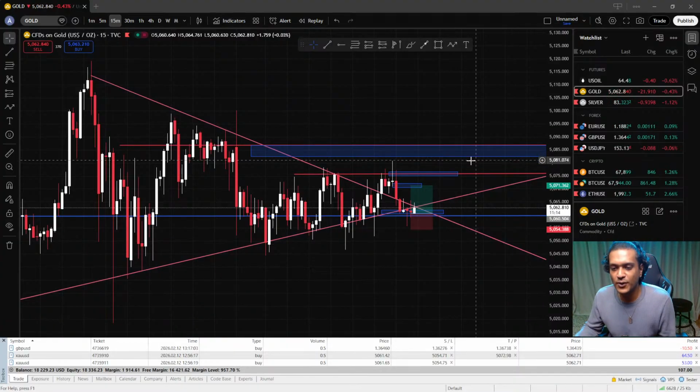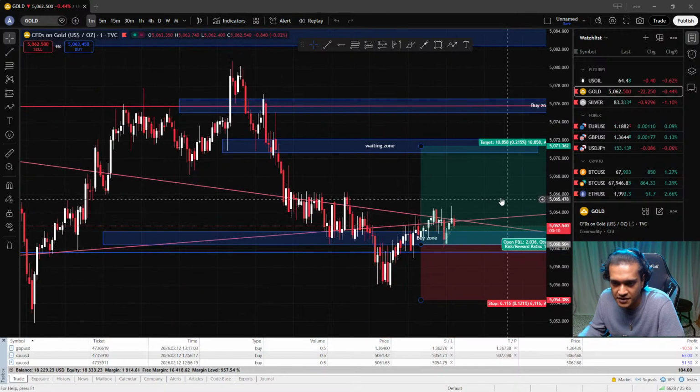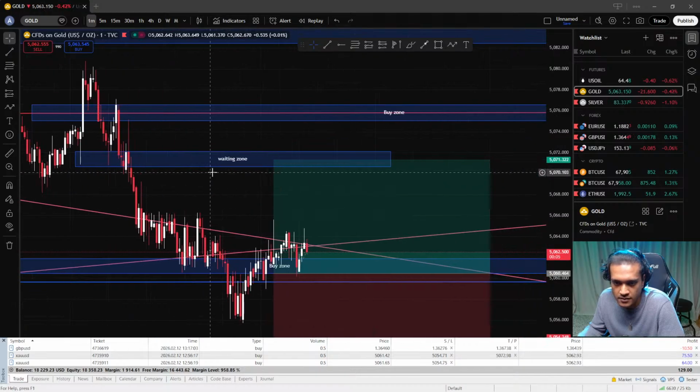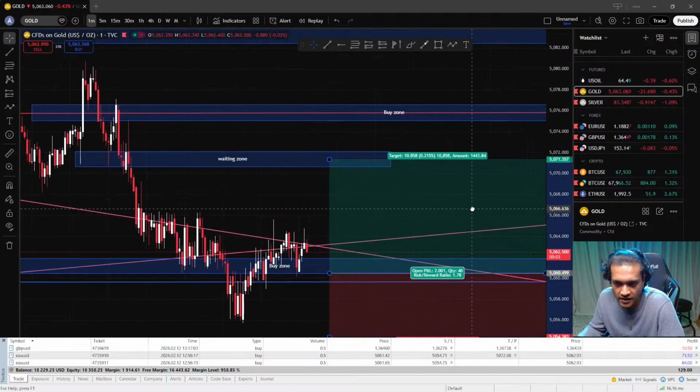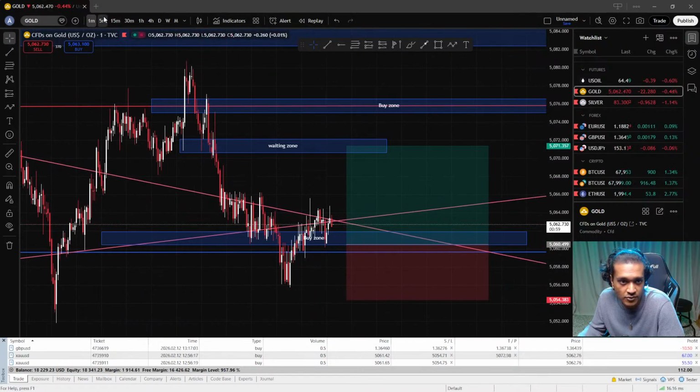So what's good, Gold? Are you doing anything nice? You are still in consolidation here. Let's pull this to the side here so you can see what the market is giving us more clearly.